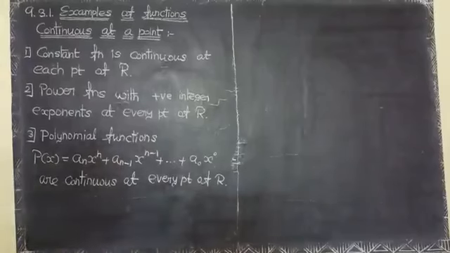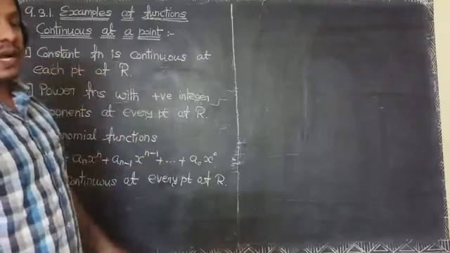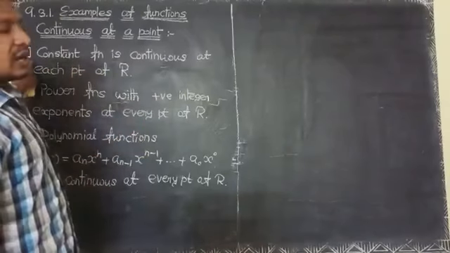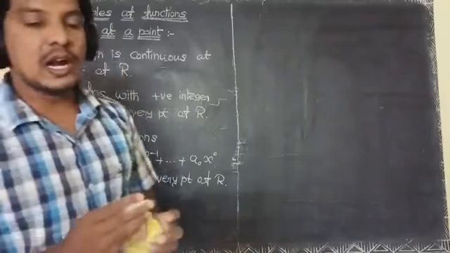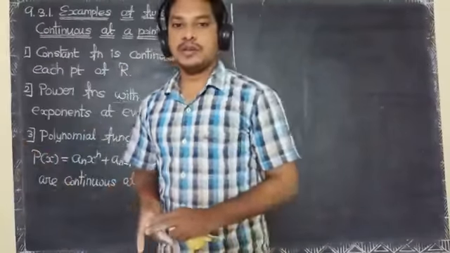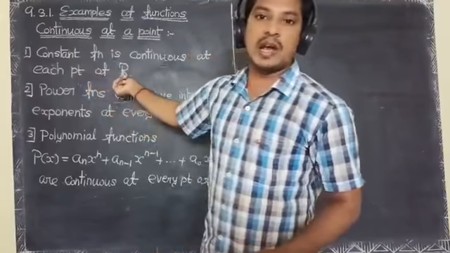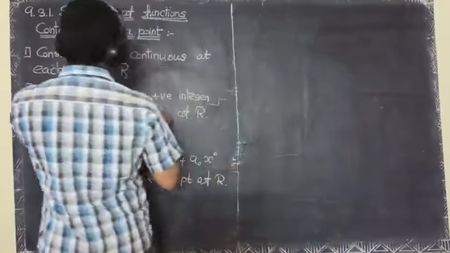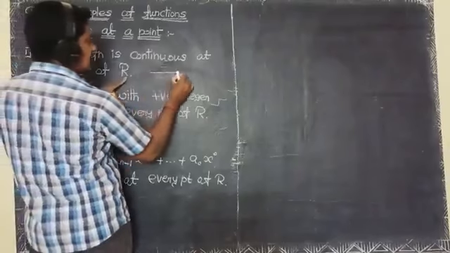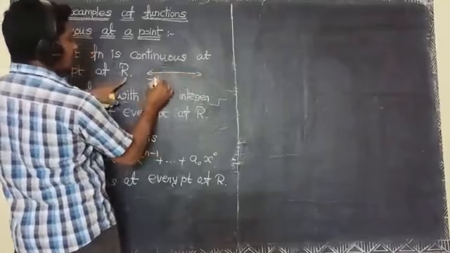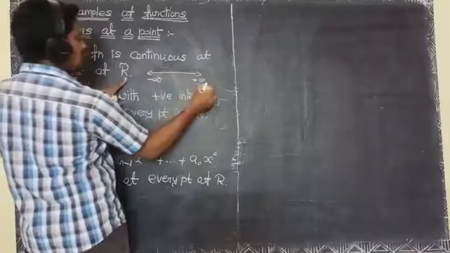Next, examples of functions continuous at a point. In the first one, a constant function is continuous at every point, that is each point of capital R. Capital R means real numbers, that is minus infinity to plus infinity.